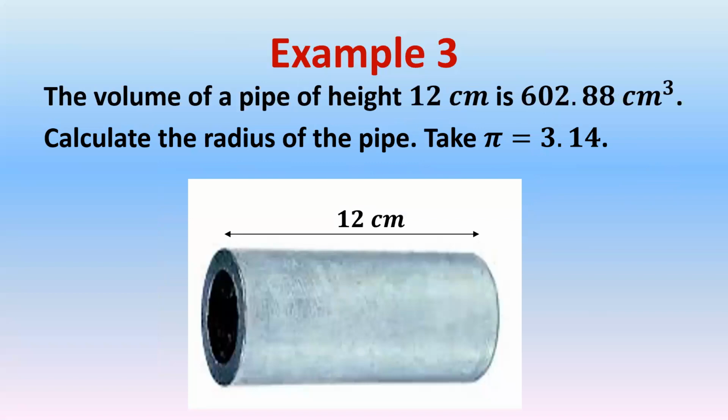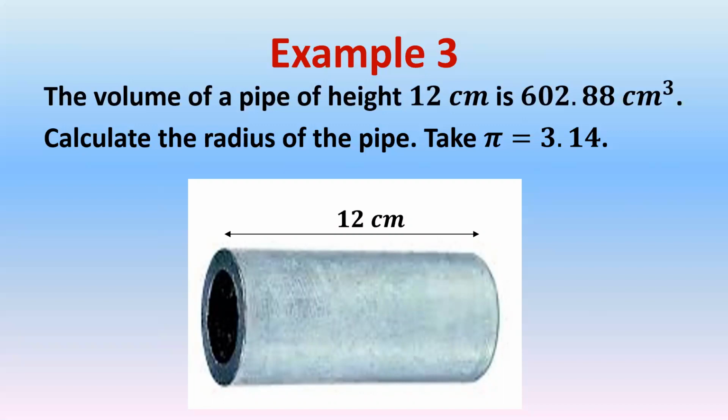Example 3. The volume of a pipe of height 12 centimeters is 602.88 centimeter cube. Calculate the radius of the pipe. Take pi to be 3.14.